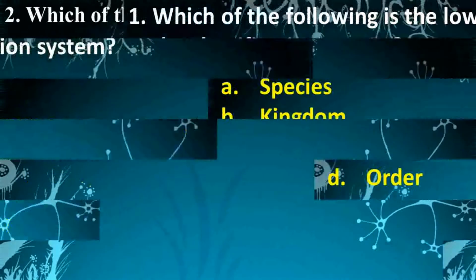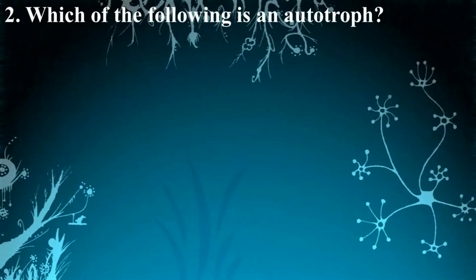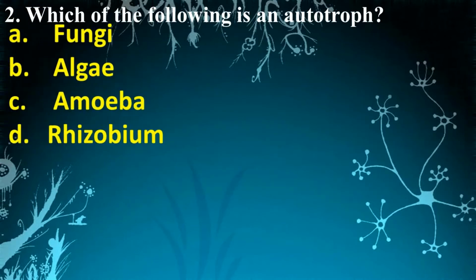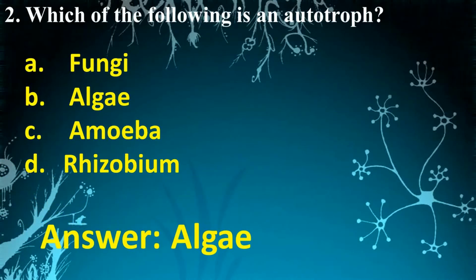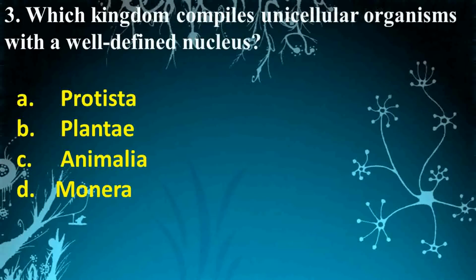Next question. Which of the following is autotroph? Options are fungi, algae, amoeba, rhizobium. Answer is algae. Next question.